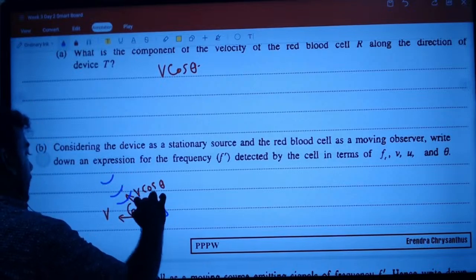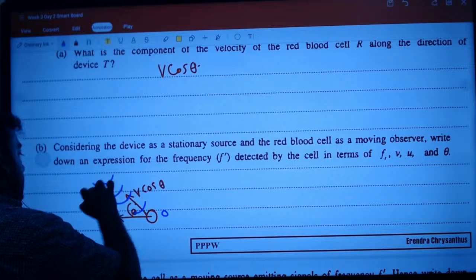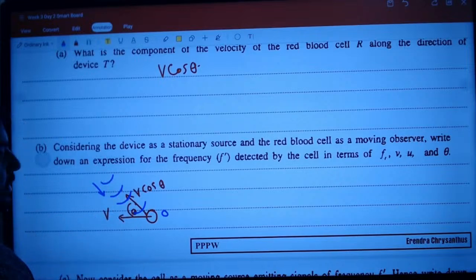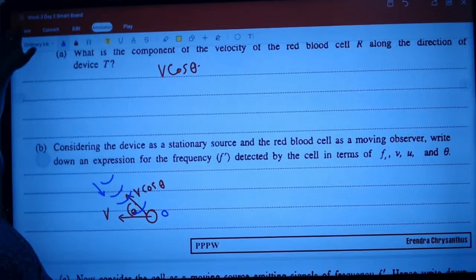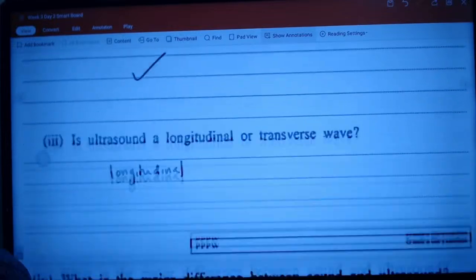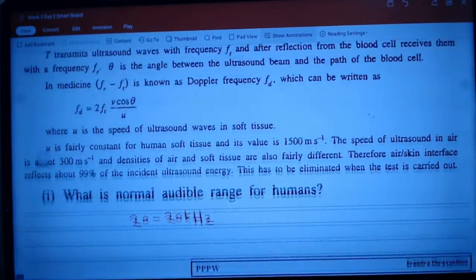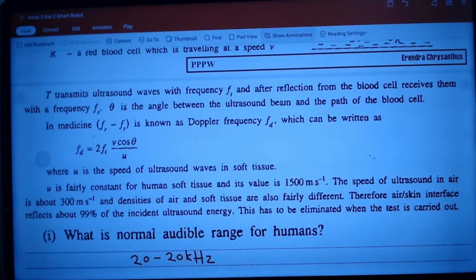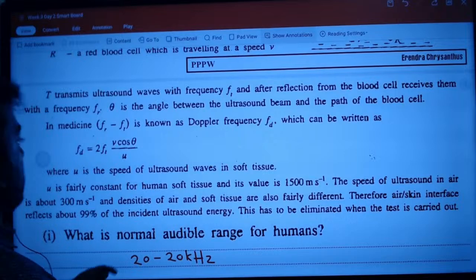Sound will come and knock on this. Sound is traveling with a velocity. The velocity of sound is given in symbol form, use that same symbol. U is the speed of the ultrasound, right?